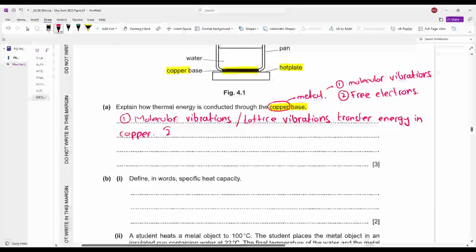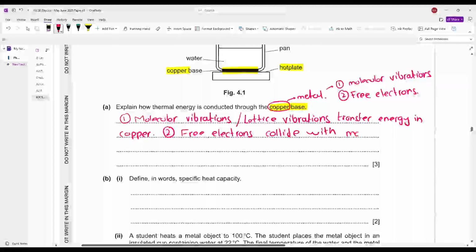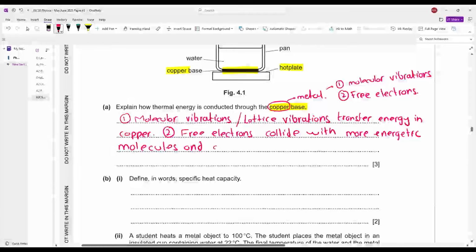What will be your second key point? Free electrons. Free electrons hit or collide with more energetic molecules and gain energy.